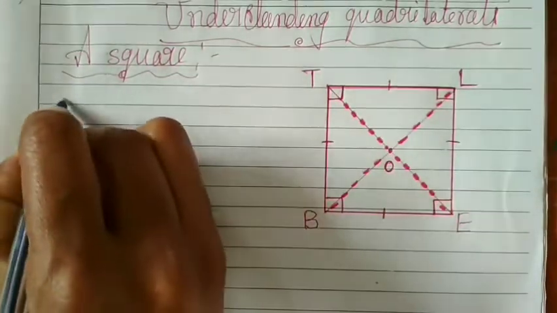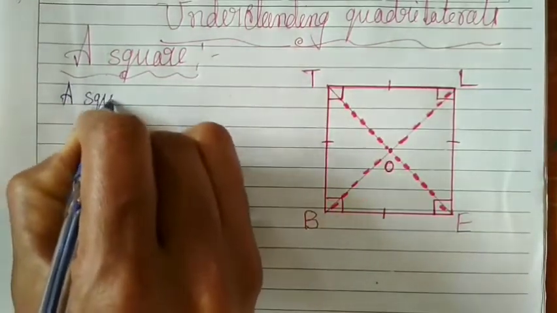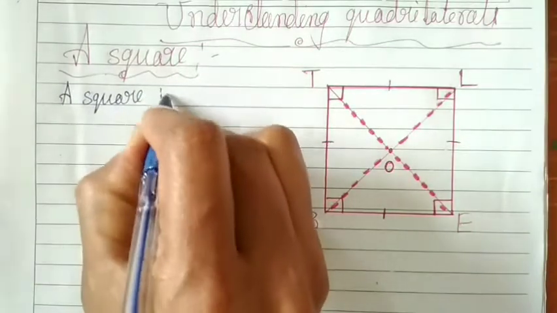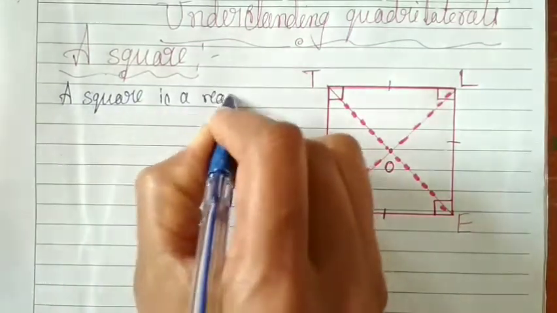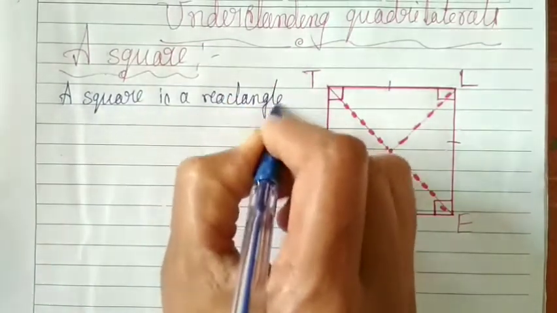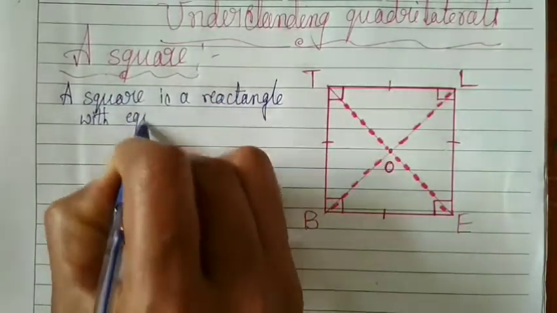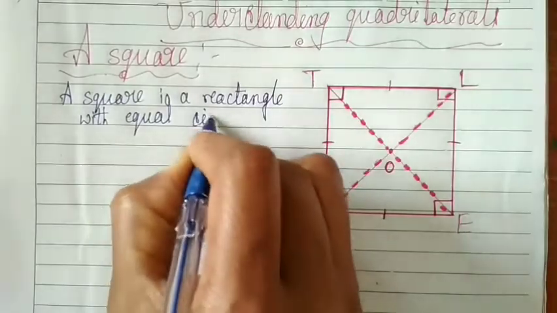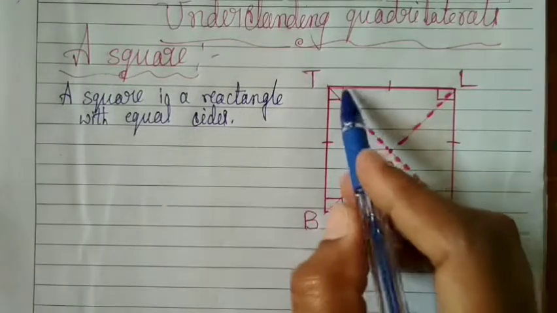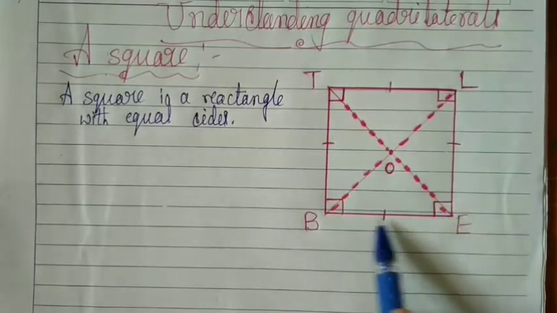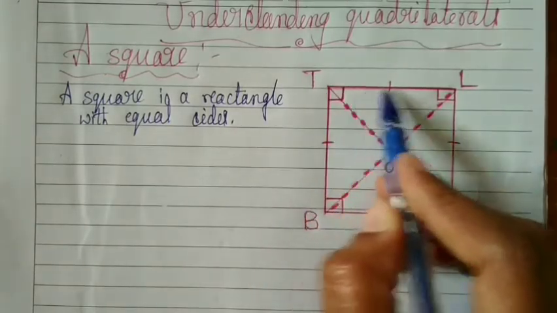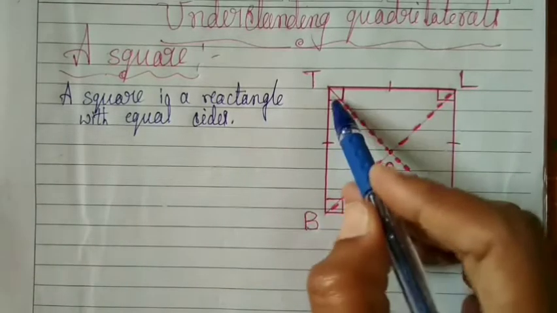Once again, a square is a rectangle with equal sides.